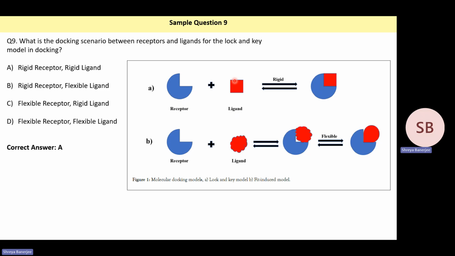So the particular ligand will only fit to the particular receptor. The induced fit model is where the receptor can change its shape to perfectly fit with the ligand, and the ligand can also change its shape to optimize the binding energy between receptor and ligand. So that is the induced fit model. So in the lock and key model, both the receptor and ligand are rigid. That is option A. So the correct answer is option A, where receptor is rigid and ligand is also rigid in the lock and key model in docking.